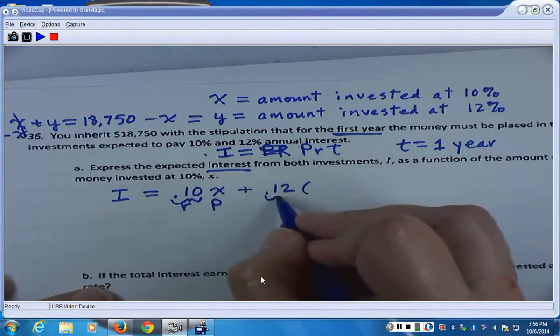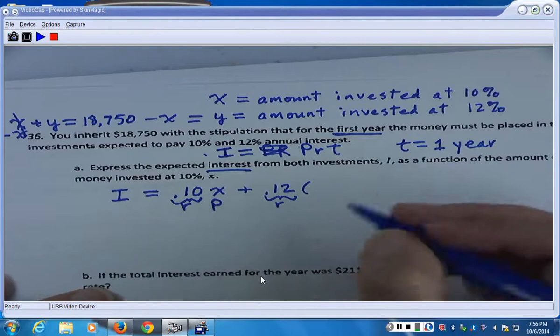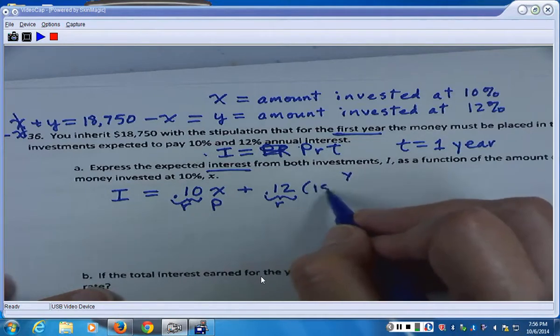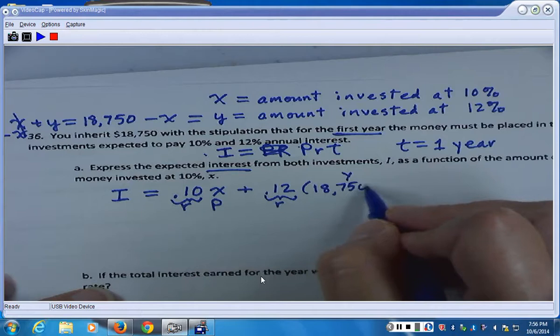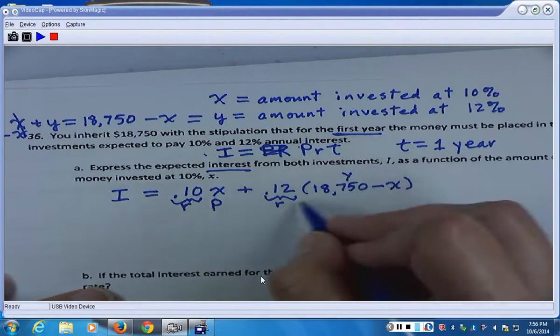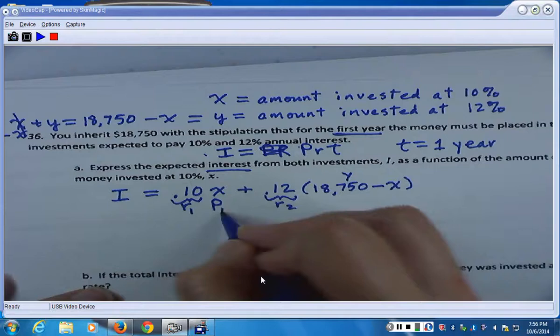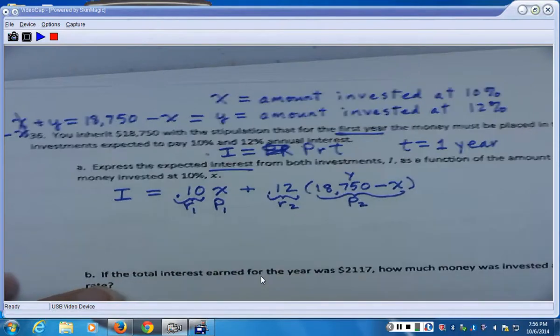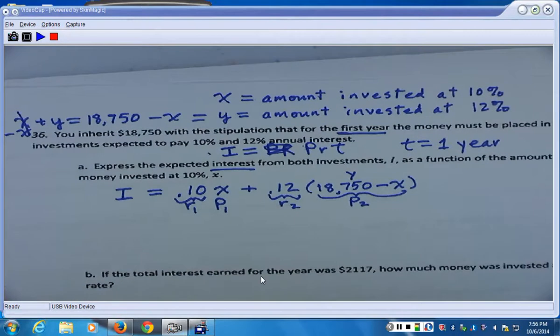That's the rate at 12%, and this is your y, the 18,750 minus x. That's your rate 2, rate 1, principal. This is your principal 2. Because the time is 1 year, we didn't need to put time in there.